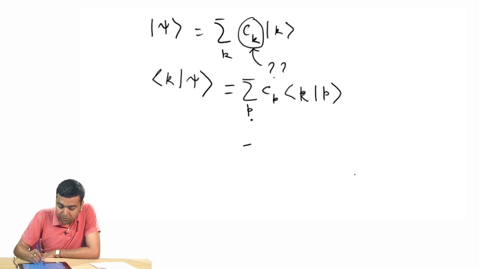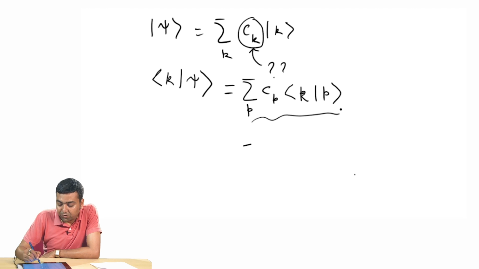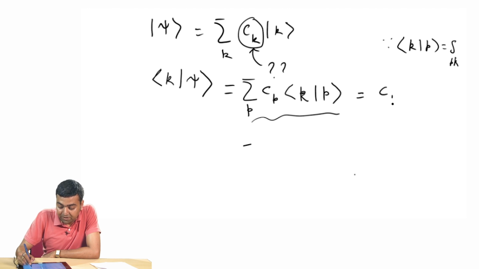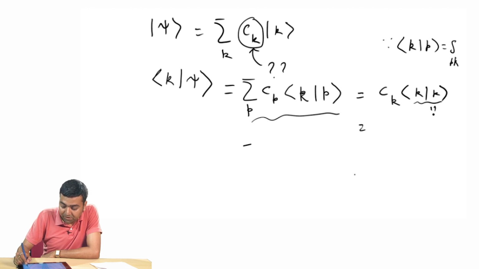Now, if we look into this summation, since <p|k> is a delta function, as the basis vectors are orthonormal, it will survive only when k equals p. So, I will get c_k, and since these are orthonormal, this will be equal to 1.